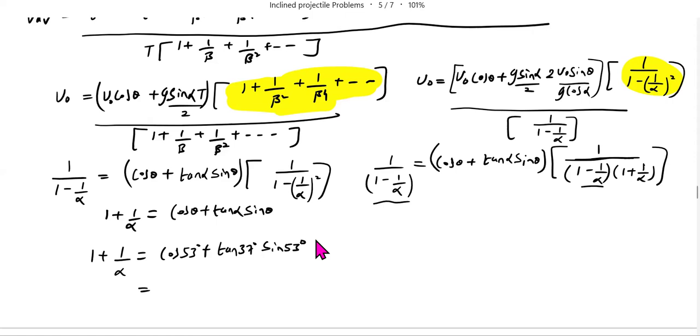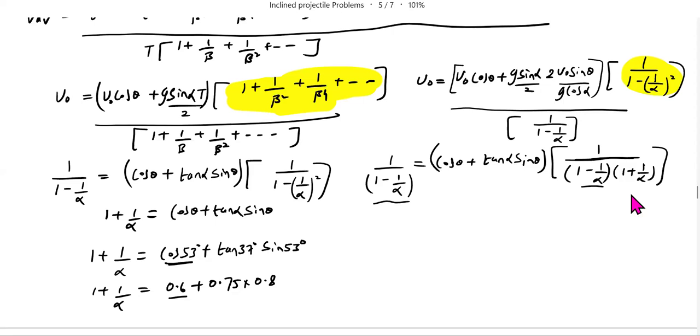The value of cos 53 is 0.6. The value of tan 37 is 0.75. Sin 53 will be 0.8.